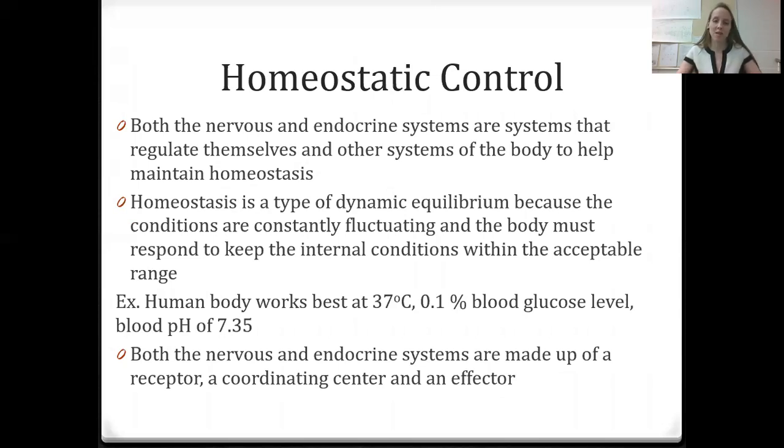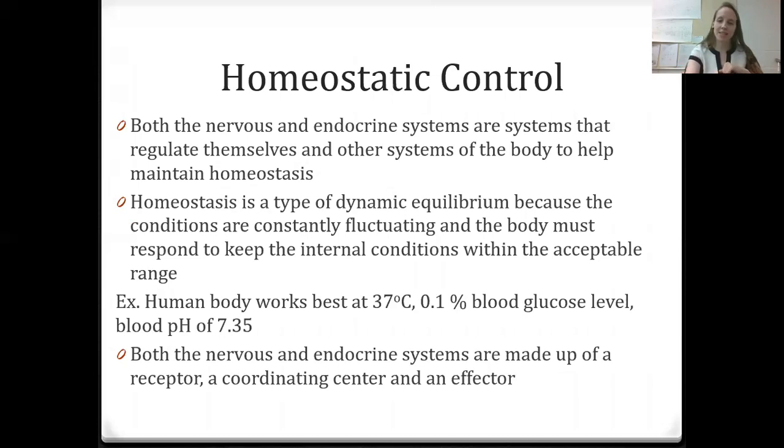So for example, the human body works best at 37 degrees Celsius, a 0.1% blood glucose level, and a blood pH of 7.35. So both the endocrine system and the nervous system are constantly making these little changes in the body to try and maintain these levels.